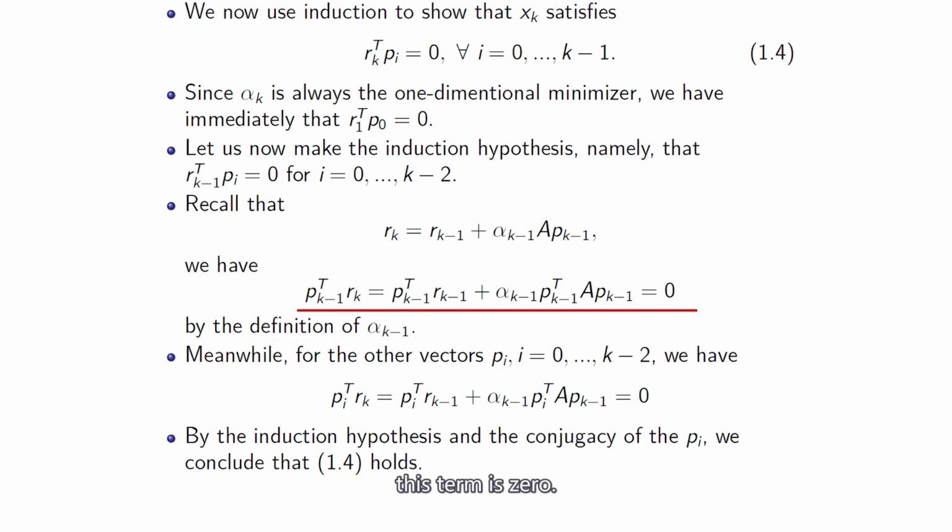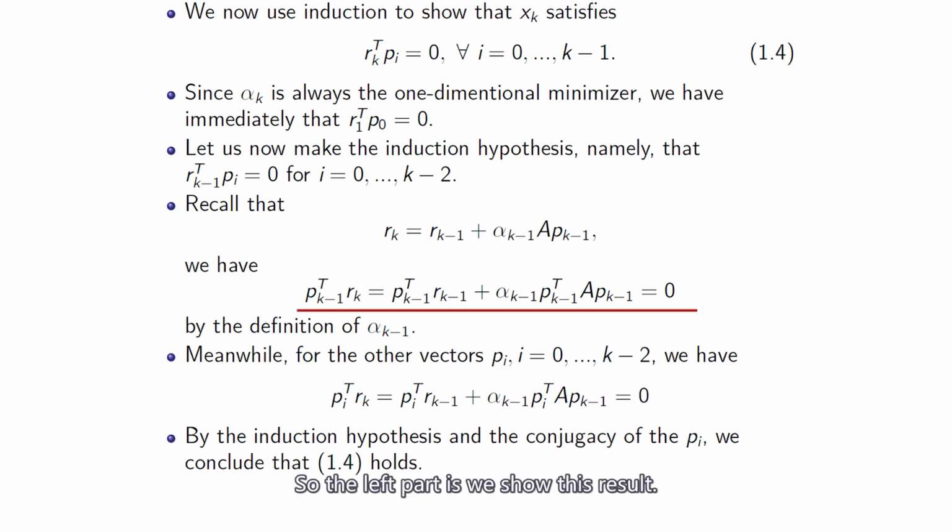we can show that this term is 0. Then next, we only have to show that the residual at the current iteration is orthogonal to all the directions from p0 until pk minus 2, okay? Because we already showed that pk minus 1 is orthogonal to rk.